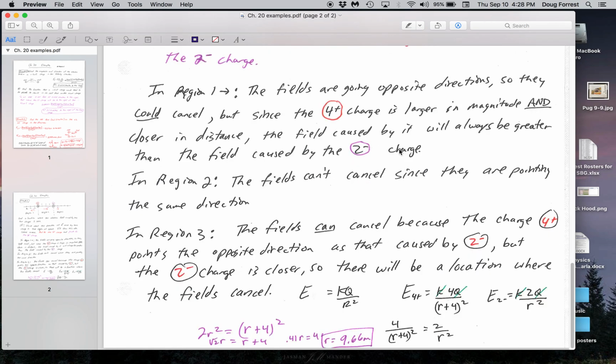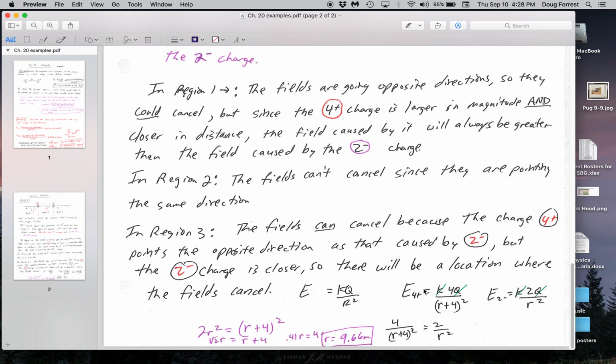So the electric field caused by the positive 4 charge looks like this. K times Q over r squared is the general formula for electric field from a point source. So it's K times 4Q over (r + 4 meters) squared. And then over here it's K times 2Q over r squared.